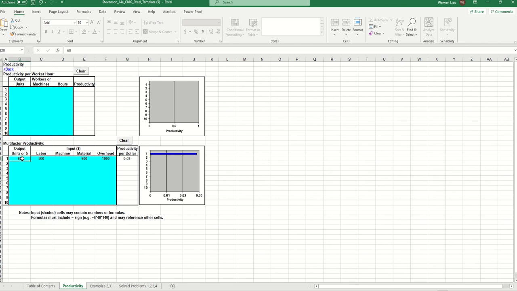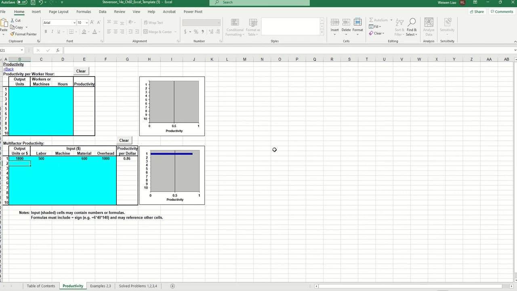So if you have the dollar value information of your output, please always apply that in your formula. Right now, for example, we know that the dollar value of each unit is $30. So we always need to figure out $30 times 60 units, that's 1,800 US dollars for our output.